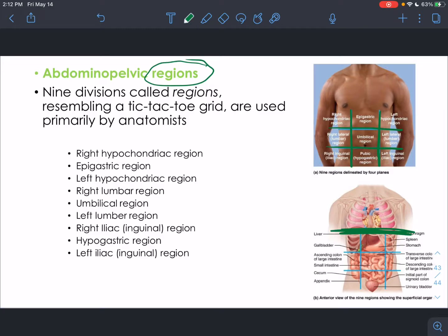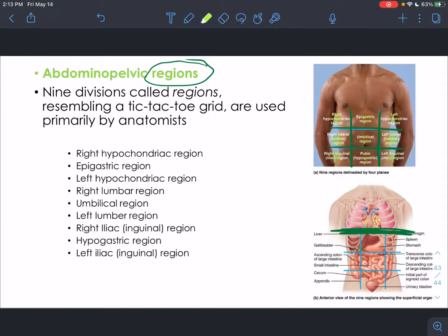So this one we have 9. They're labeled on here, but you have your right hypochondriac, right lumbar, right iliac, left hypochondriac, left lumbar, left iliac. And there's a few different names. Either one, any of them are fine. They're interchangeable. And then down the middle, epigastric, umbilical, and your pubic region.